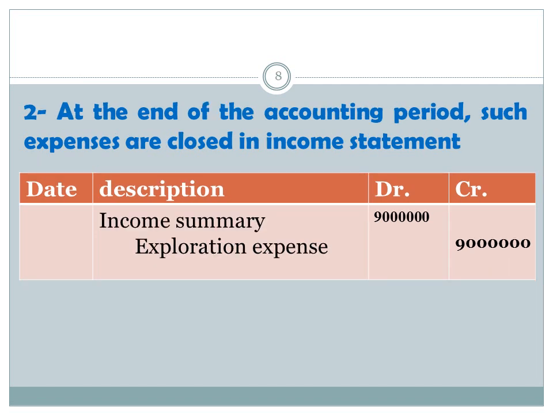At the end of the accounting period, we will close these expenses in the income statement. So the entry will be exploration expenses firstly in the debit side. Now we will close it, so it will be in the credit side, and income summary in the debit side.